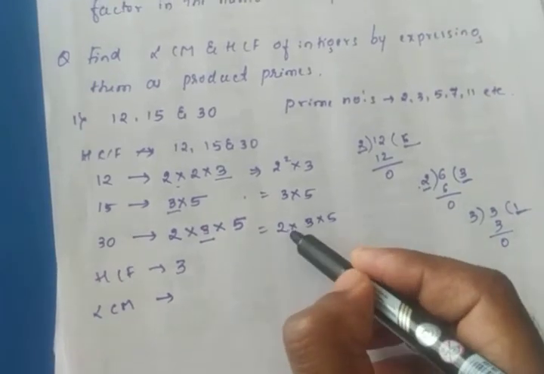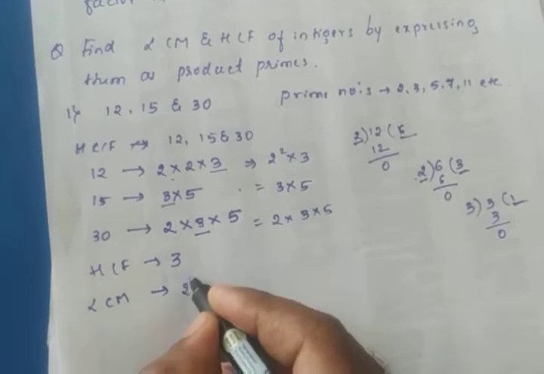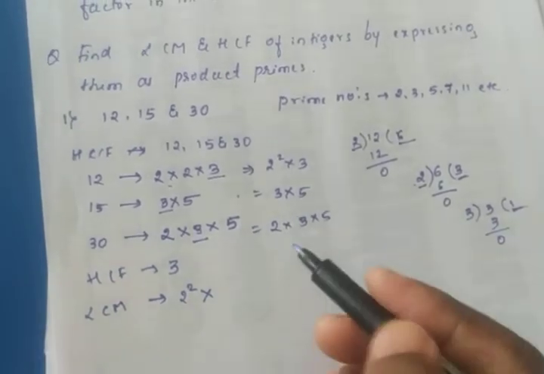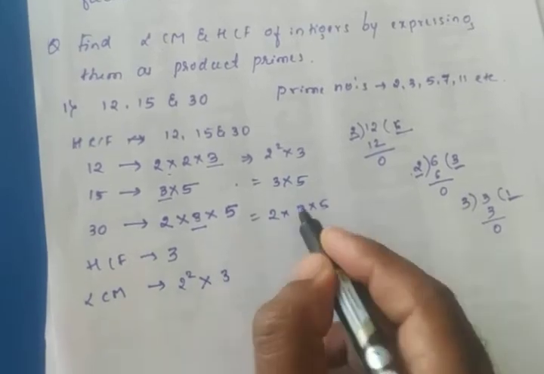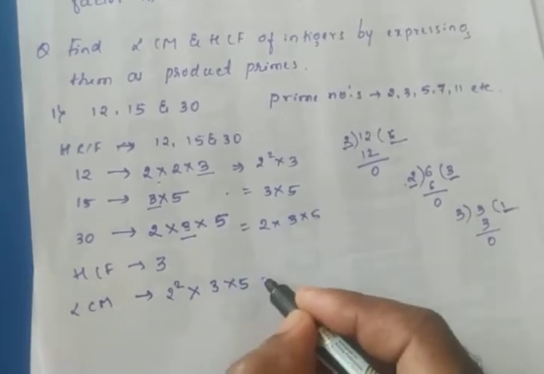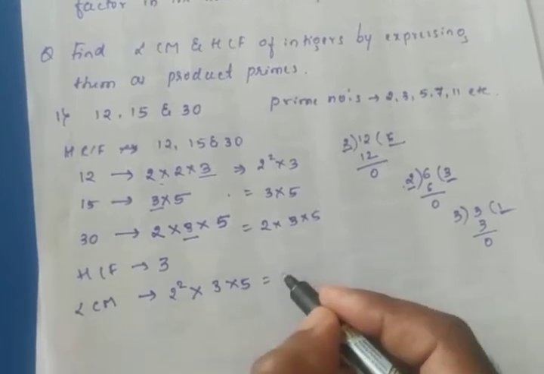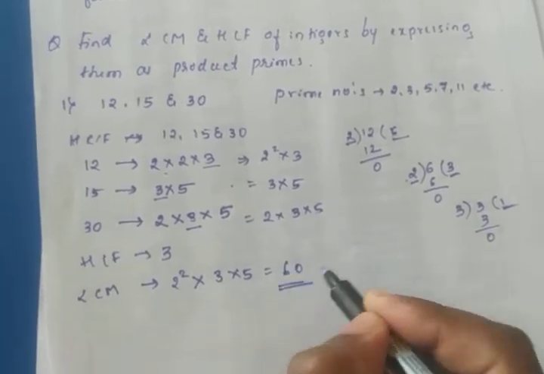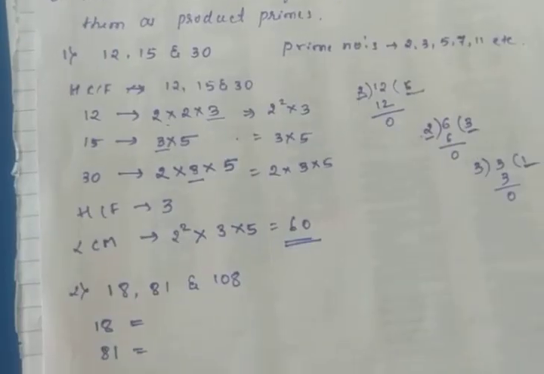So in the multiples of 2, the highest power is how much here? 2 square, and the remaining numbers are 3 and 5. So 3 into 5 is 15, 15 fours are 60. So the LCM of 12, 15 and 30 is 60.